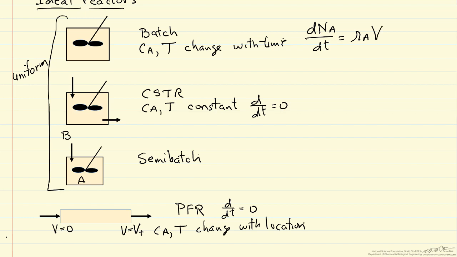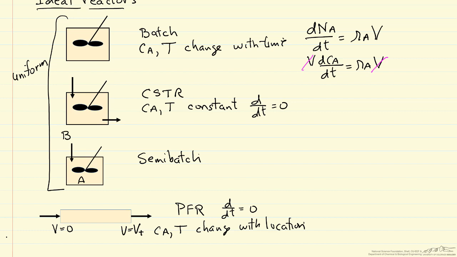And in that case where volume is constant, the number of moles, of course, is the volume times the concentration. So you can see it's independent of volume if the density doesn't change.